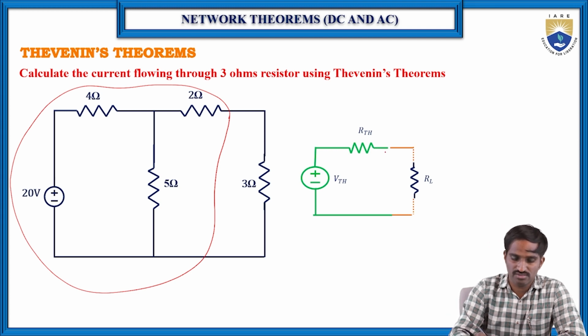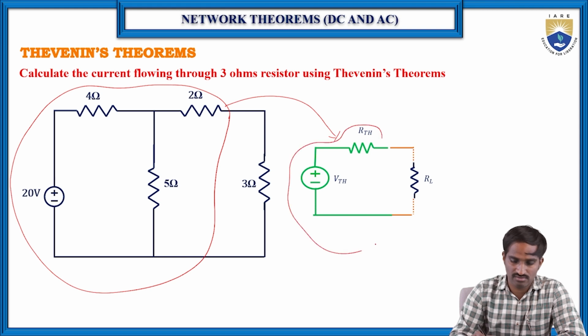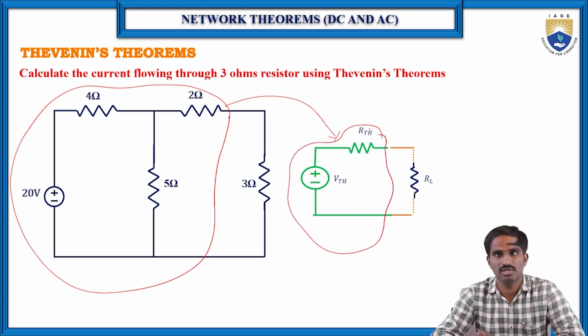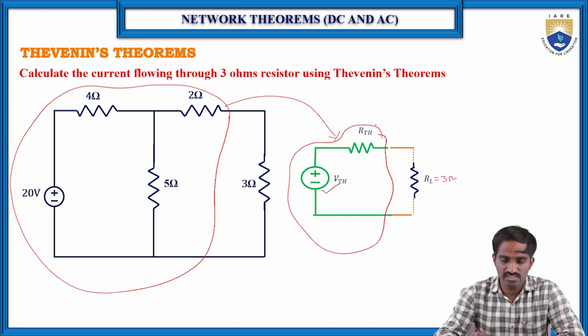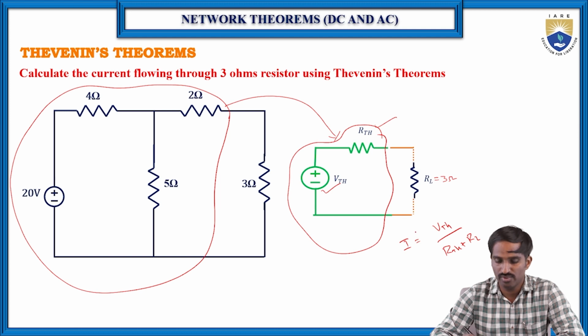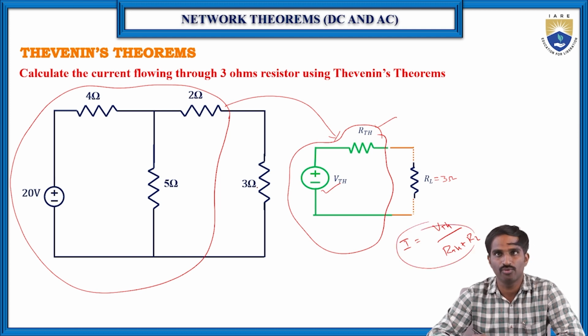So like that we have replaced this total circuit with this green color portion, right? RL is nothing but 3 ohms here. Now we have to find V Thevenin and R Thevenin, then substitute in this equation to find the value of I. So how to find the value of I? I is equal to V Thevenin by R Thevenin plus RL. By using this we can find the current flowing through this 3 ohms resistor.